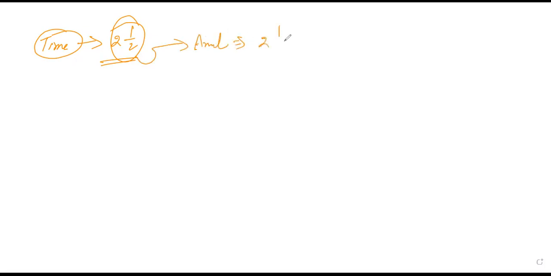Okay. So what basic rule I want to say: in some situations, the time period is given as a fraction. Suppose, for example, it is given as 2.5 years. For 2.5 years, if you are calculating for the annual condition, then the time would be 2 and 1/2 only.